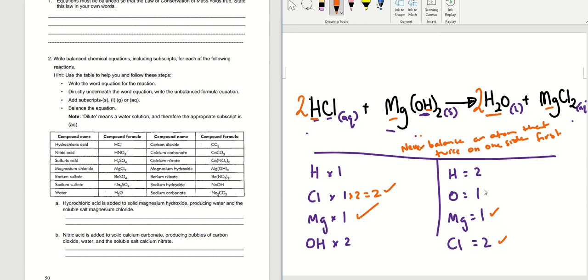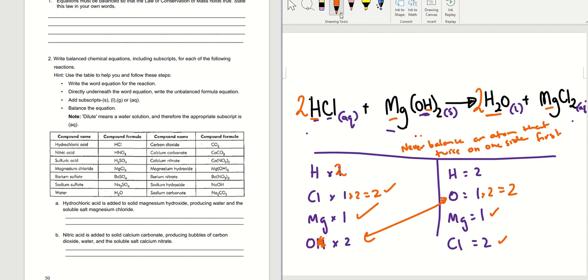Okay, so what that means is I have 2 oxygens, which is 2. This here, let's just move this hydrogen. So let's get rid of that hydrogen, write it as 2 originally. So we have now balanced out the oxygens. Okay, so I have 2 oxygens on both sides.